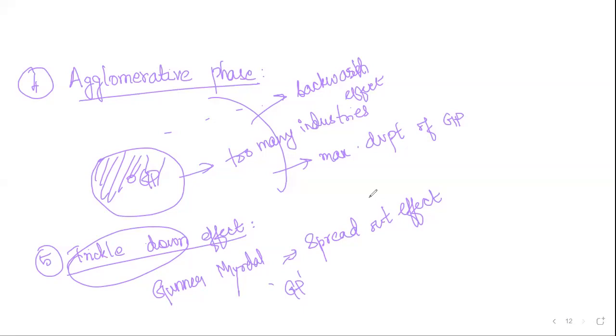But that is the theory; practically, when we have certain growth poles, it is not as pronounced as had been expected. There is a trickle down effect, but it is not that effective as had been expected.